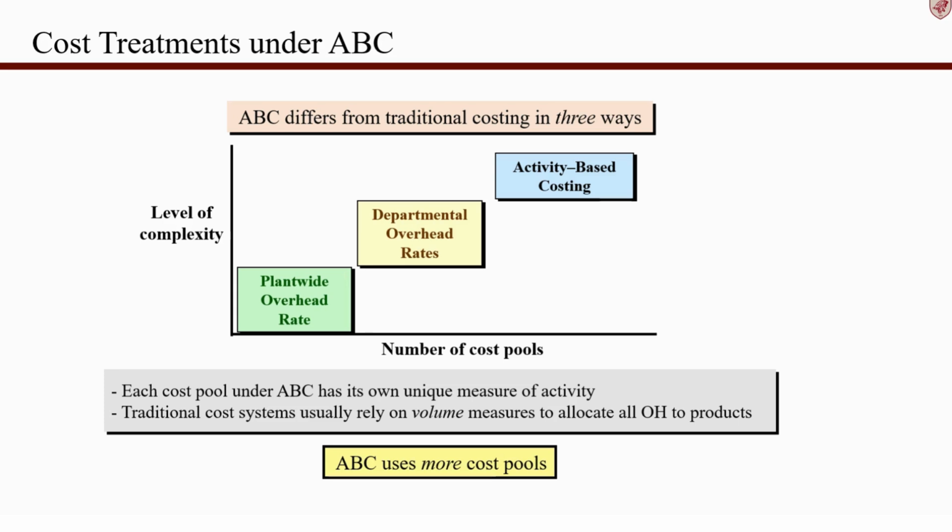So the more cost pools are used, the higher the level of complexity. Level of complexity usually would mean that you apply different allocation bases to different cost pools. So the more refinement is done in the ABC, right? It's one of the most complex systems with a lot of cost pools, depending on what types of activities are consumed, right?